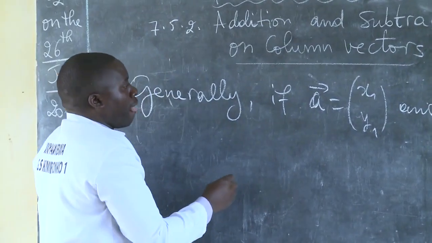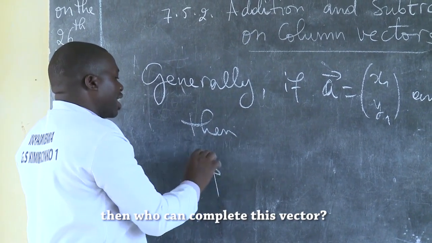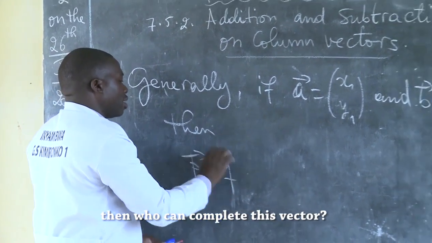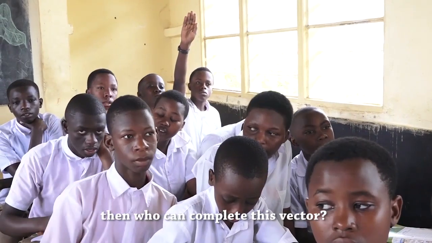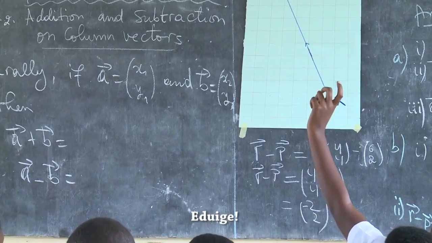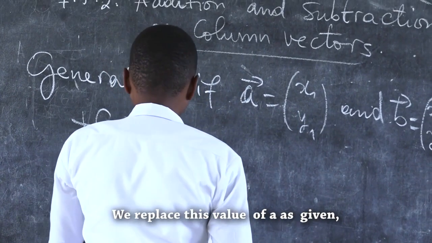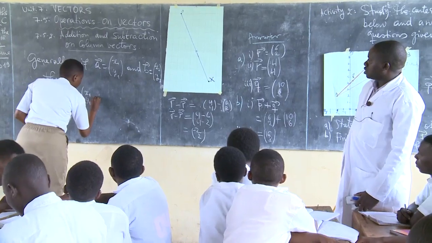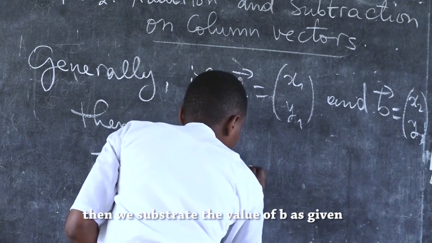Okay? Then, who can complete this formula? The first one. Edwidge. We replace this value of A as given, then we subtract the value of B as given.